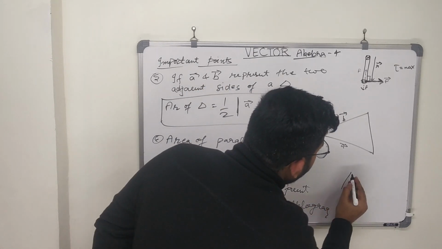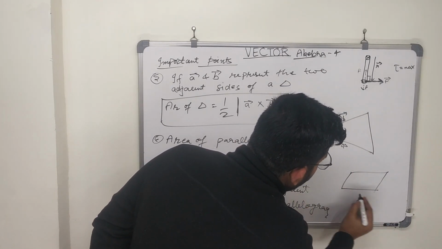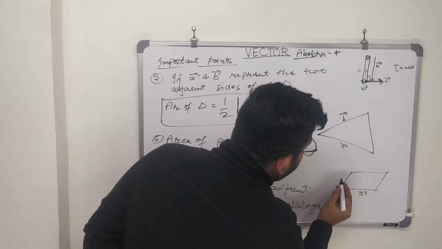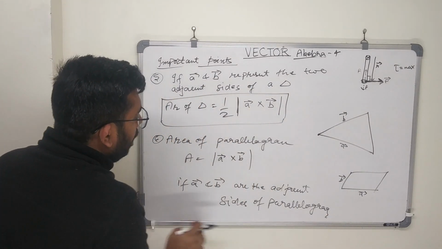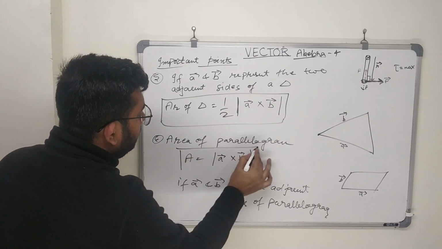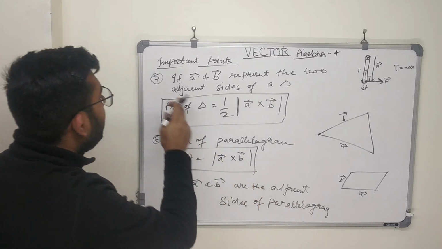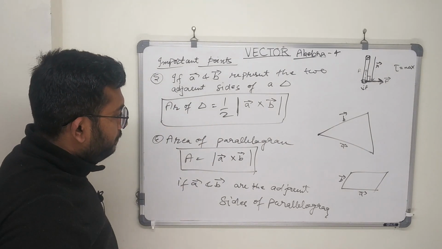Suppose that this is a parallelogram and suppose that this side is A vector and this side is B vector, then in that case the area of the parallelogram will be equal to the magnitude of A vector cross B vector. So these are two more points. So please note it down.